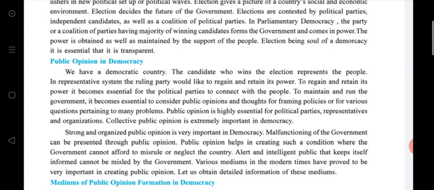Second line: public opinion helps in creating such a condition where the government cannot afford to misrule or neglect the country. An alert and intelligent public that keeps itself informed cannot be missed by the government. Public opinion is highly essential, right?